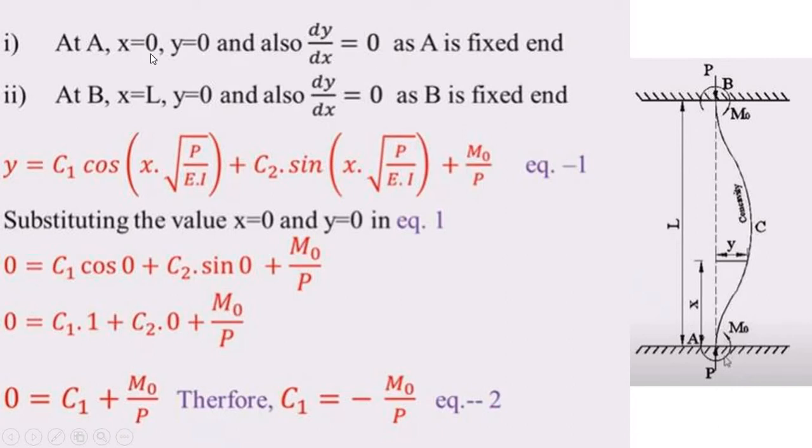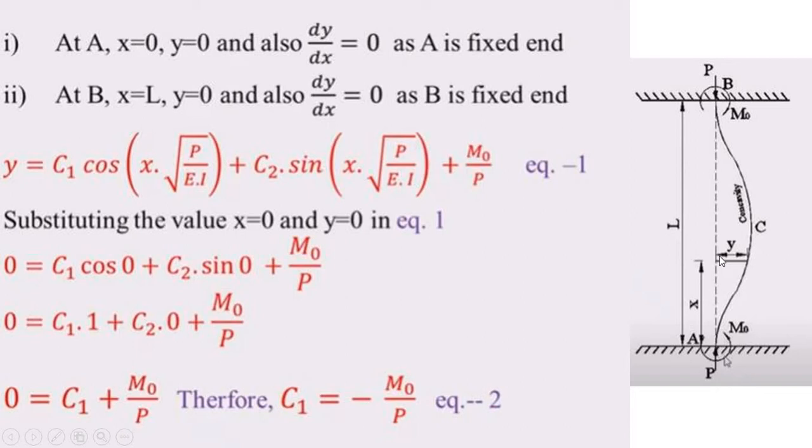Now here at A, x equal to 0, y equal to 0, and also the slope, that is dy by dx, equal to 0. Similarly, B is fixed at point B, x equal to L, as I said earlier.